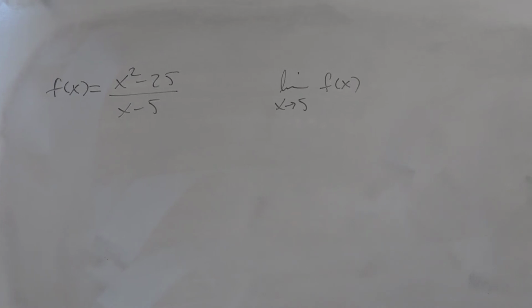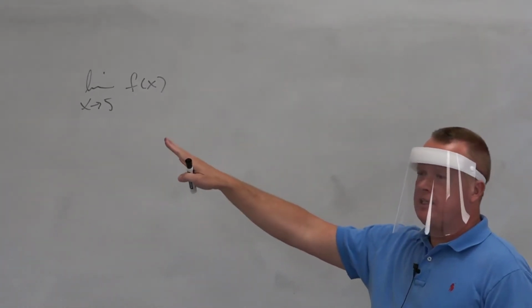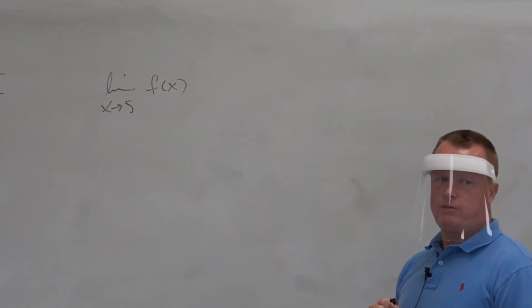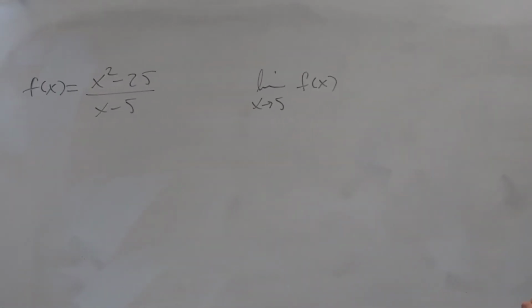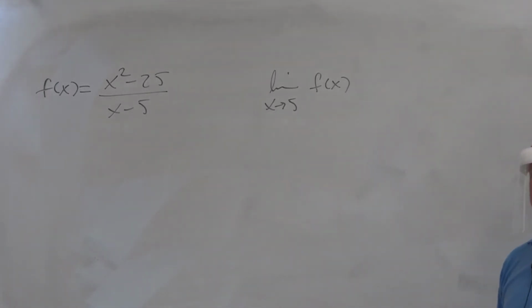Looking at that function, anybody notice anything about that as far as the graph goes? If you think about the graph of this, what would that look like? Anybody see anything on there?